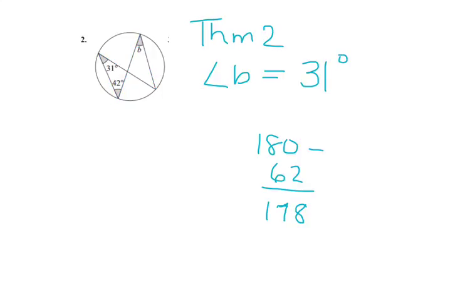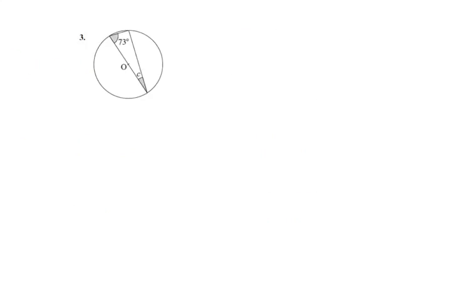Okay, our next one. We're trying to find angle C here. Angle O is the center. So what does that tell us? Let me think about this. We've got 73 from here to here. Can we somehow use it if we also went through the center?